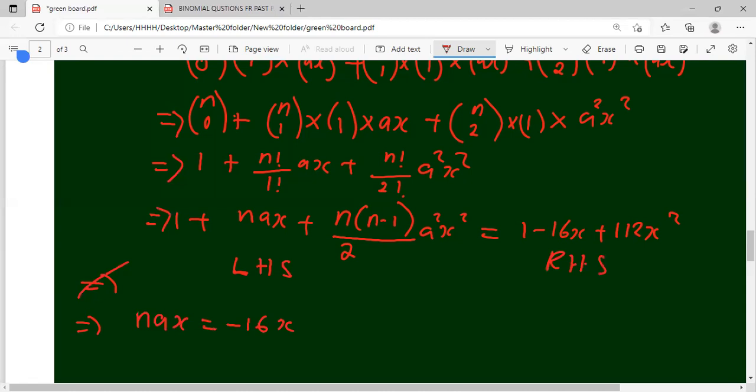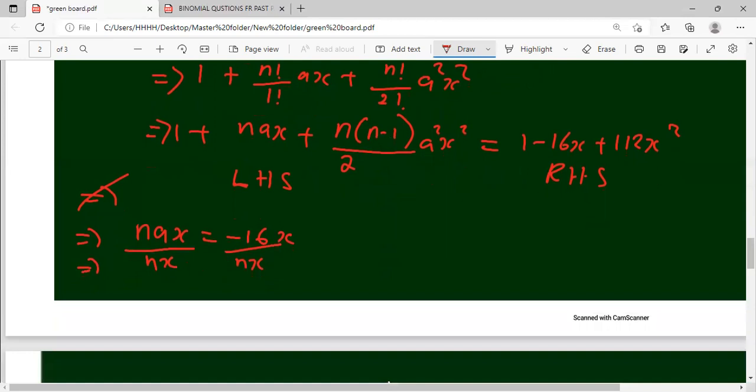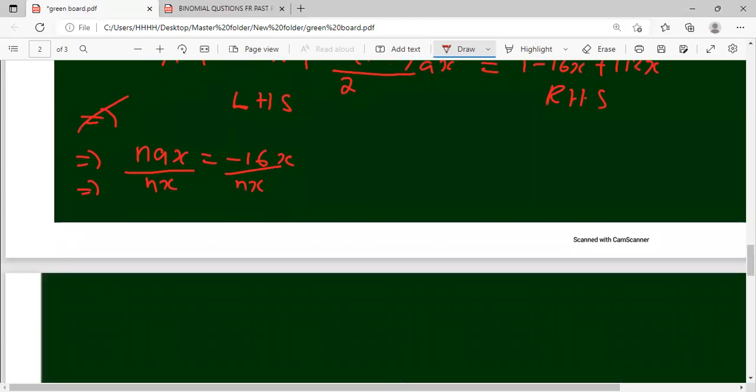So we can make either a or n the subject. Okay, so we can make maybe a the subject, so we can divide by nx both sides. So this will give us a being equal to negative 16 over n.